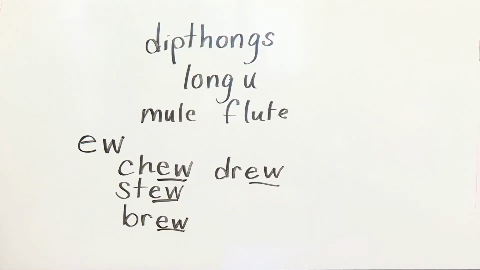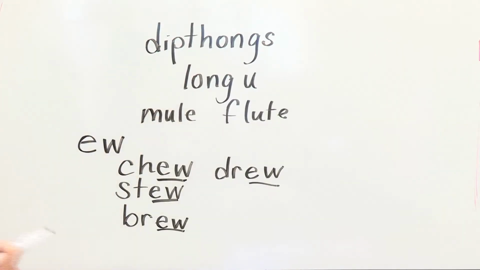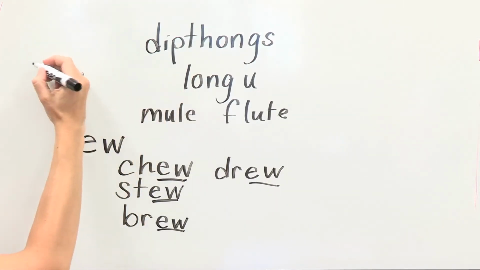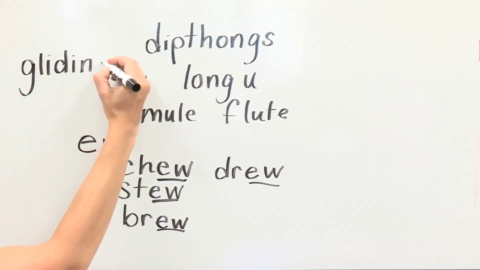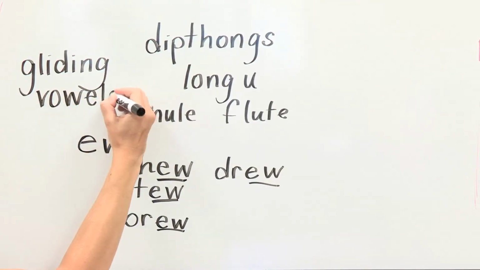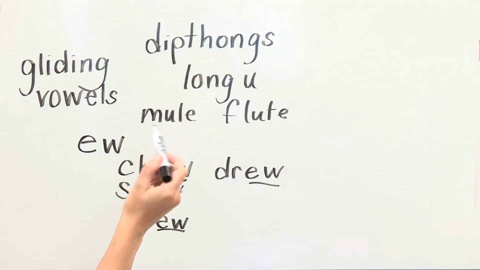Some people also consider EW a diphthong, which is where this connects. A diphthong is vowels that are blended together to make a brand new vowel sound. Some people also call diphthongs gliding vowels.